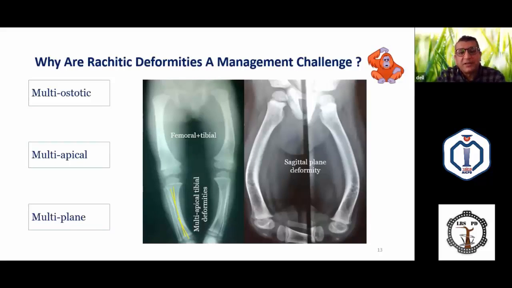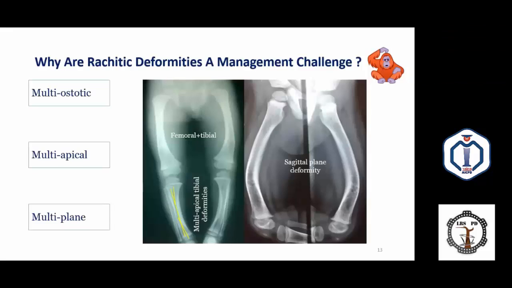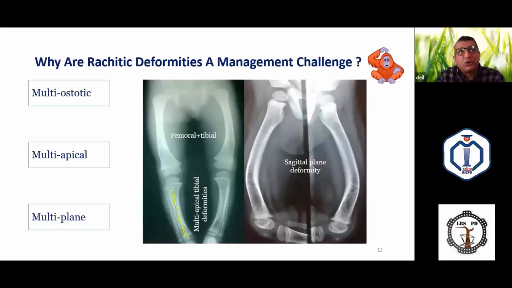Why are they complex? Because they are not restricted to one bone. They are usually multi-osteotic or polyosteotic. Rickets is a generalized skeletal disorder, so you will commonly find femoral involvement and tibial involvement, as you can see here in these radiographs, with various degrees of severity, of course.